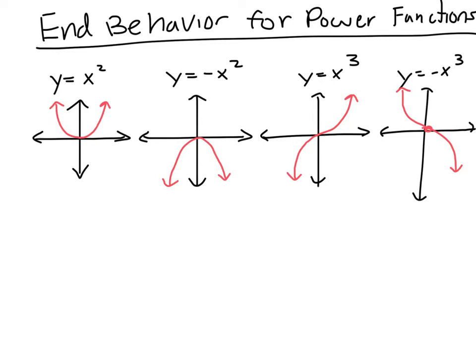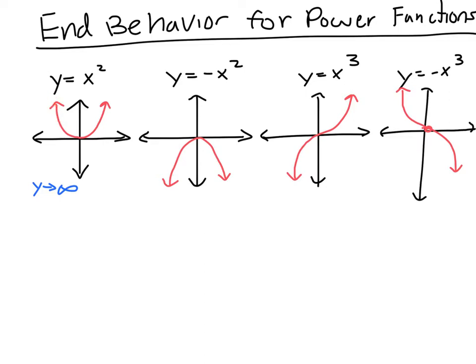So what does end behavior mean? When we talk about end behavior, what we do is we look for when y approaches infinity, and then we look to see what x is doing. So y is approaching very large numbers, very high up there. Y is approaching infinity. What is x doing? As y approaches infinity, x over here is approaching negative infinity.